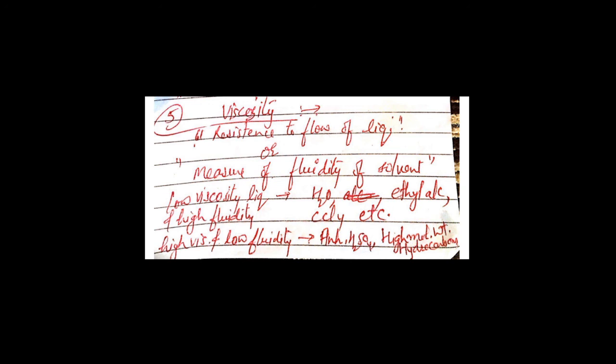In solvents of low viscosity, operations such as precipitation, crystallization, filtration, etc. can be easily carried out without any difficulty. With increasing viscosity of a liquid, the difficulty of such operations increases. Thank you.